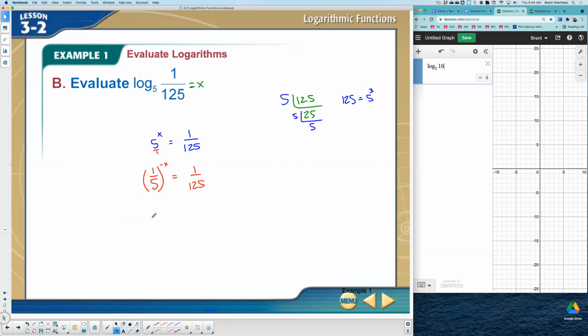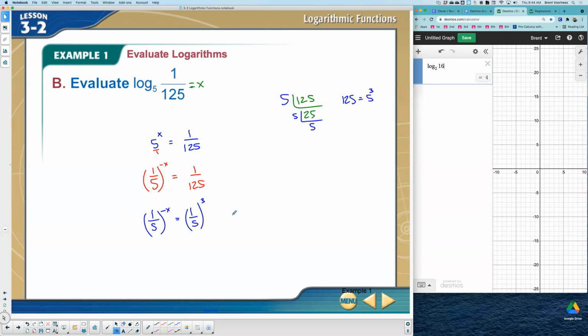So here's what that actually means for this problem: you can say 1/5 to the power of negative x is equal to 1/5 to the power of 3. Since it was cubed, you could write it that way.